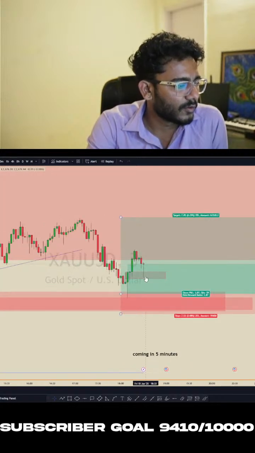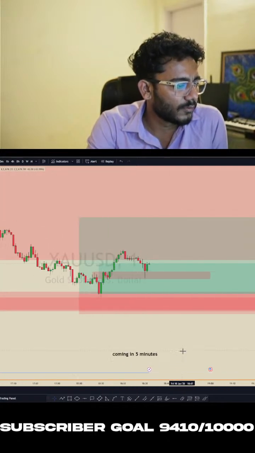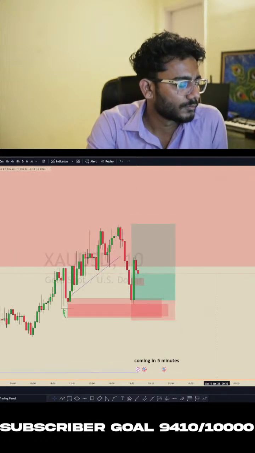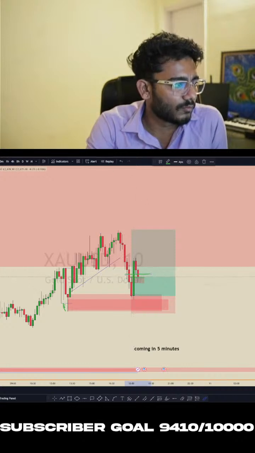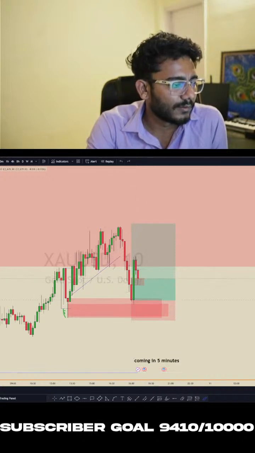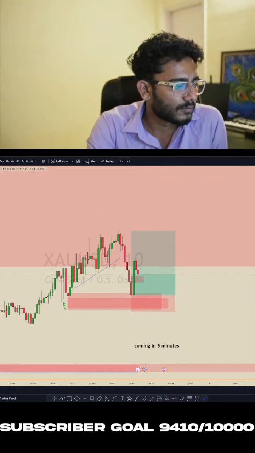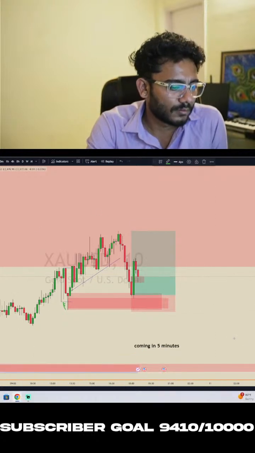So price has reacted from the order block which I told you, right? If you have entered, then good. But once every imbalance is fulfilled, then most likely price reverses from that area. But in 30 minutes we have news.